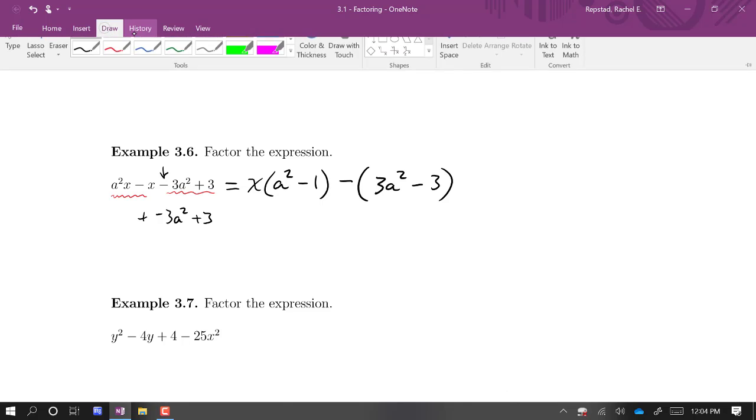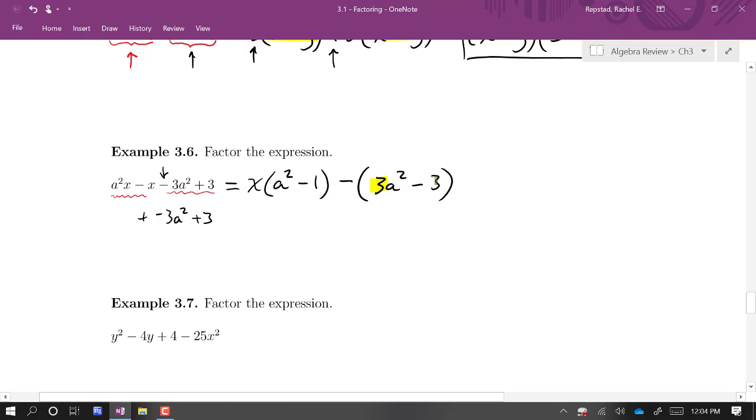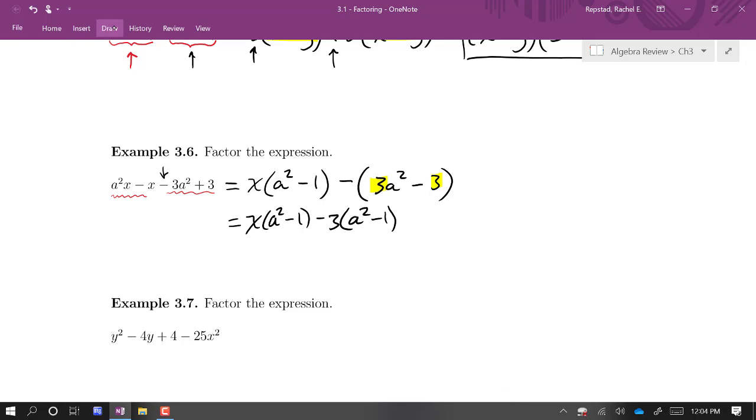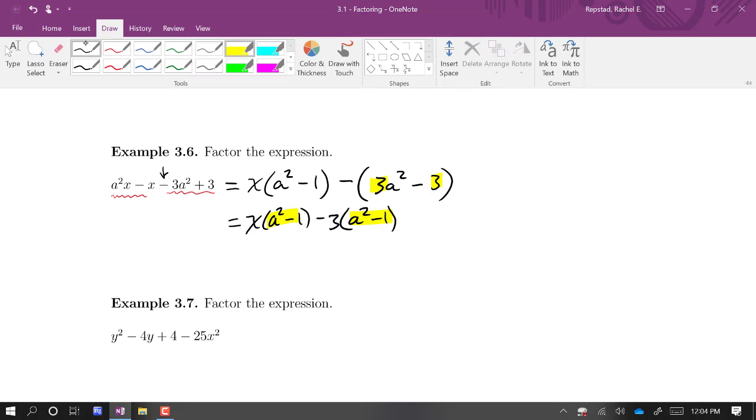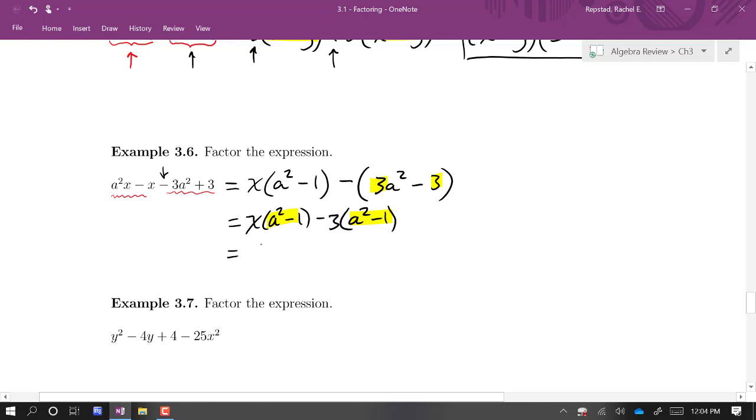And now I can see that there's still a common factor of 3. That doesn't change that. I'll erase this for now. But I could take out that 3, and then I have an a squared minus 1. And now we can see that there's a common factor of a squared minus 1 between these 2 terms. So I'll take that out.